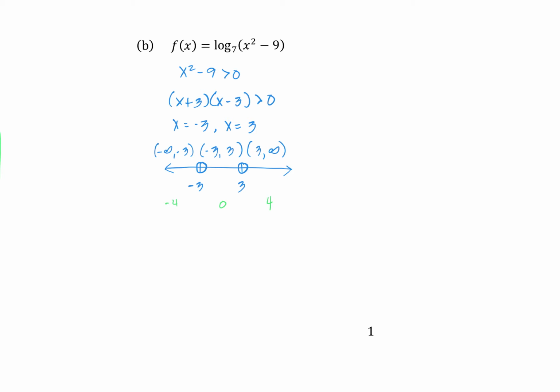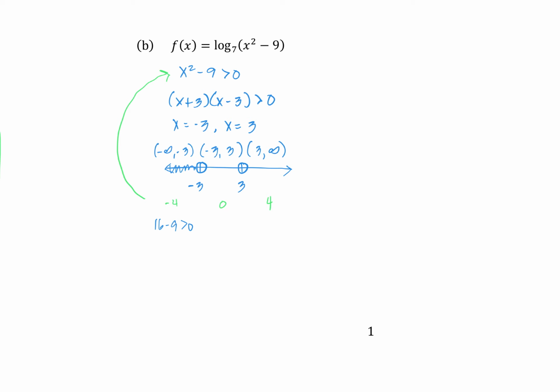And when I put -4 into the inequality, I get 16 minus 9, which should be positive. So what is 16 minus 9, is that greater than 0? Yes. So I can use anything from negative infinity to -3.